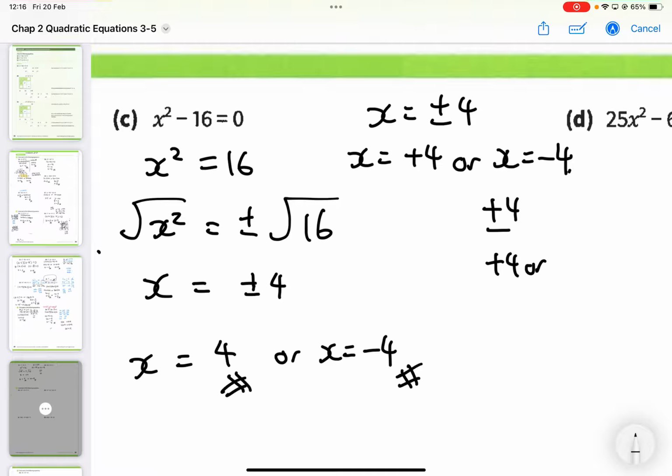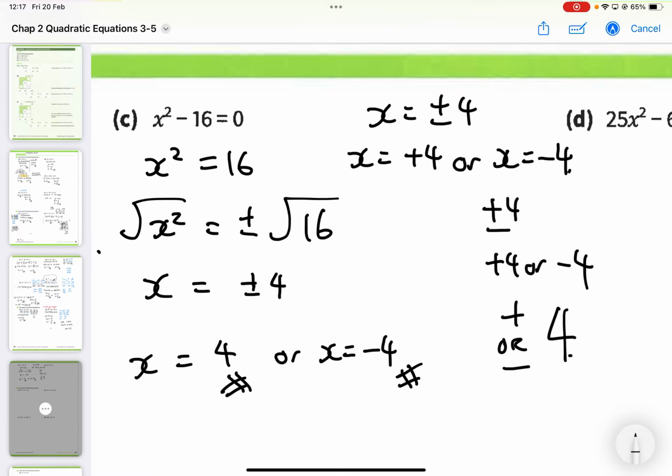Then we write the minus below the plus. This symbol itself means plus or minus. Just that we never write the "or". It is actually plus or minus 4. It can be plus 4, it can be minus 4.